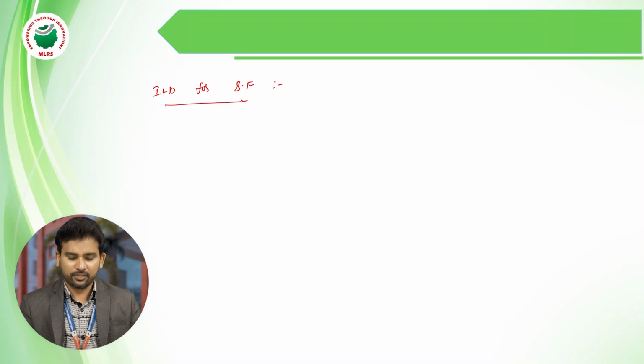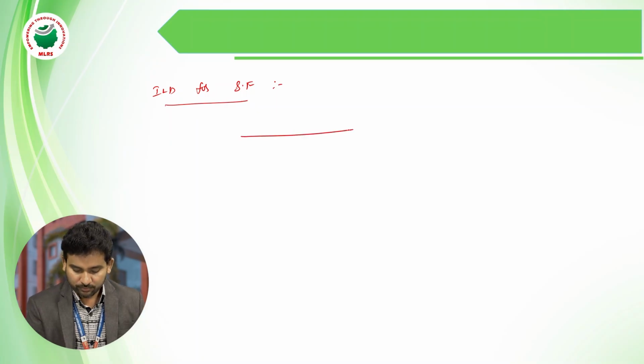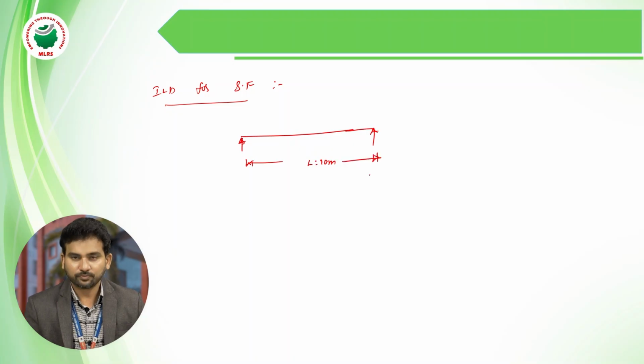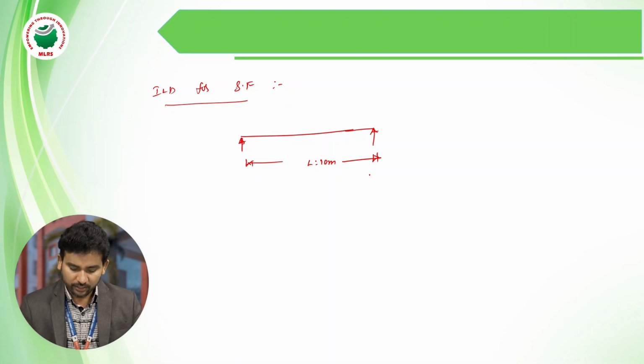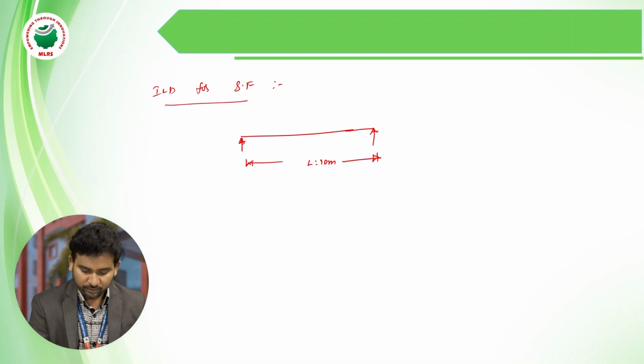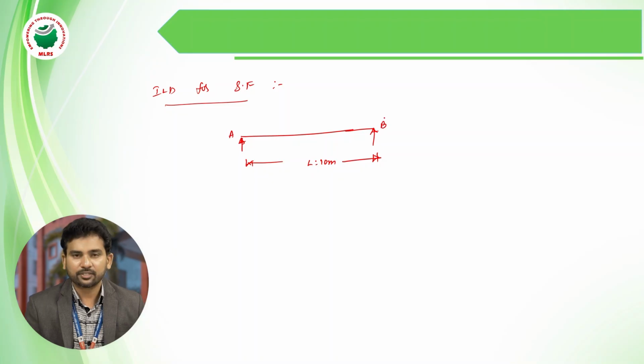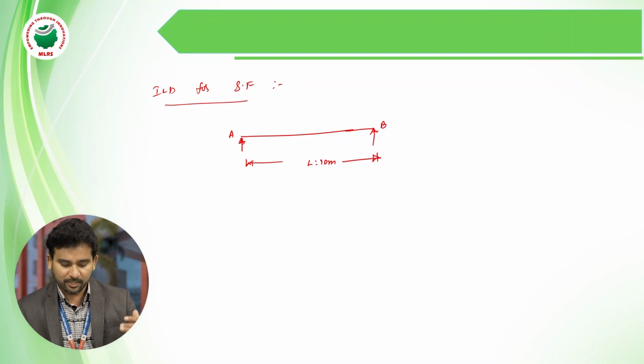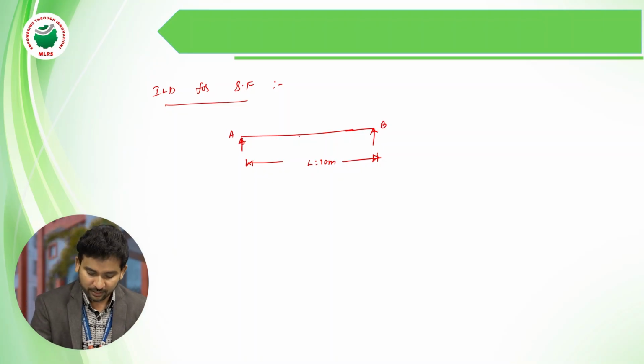There is a simply supported beam, again having a span length of 10 meters. Here we are going to find the shear force at 3 meters from support A or B. I am taking my 3 meters from the left support, so I am assuming x equals 3 meters.